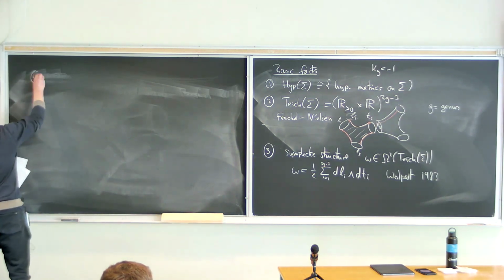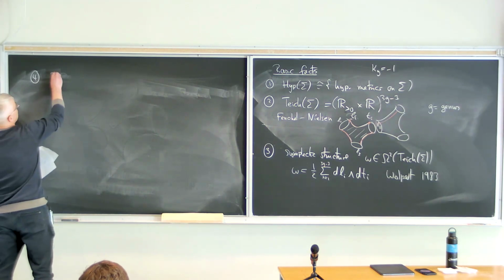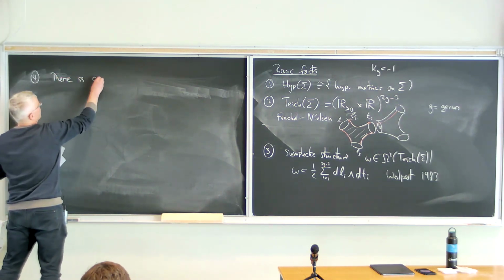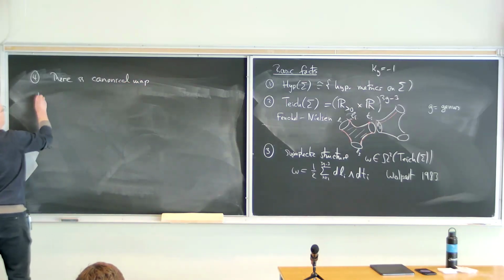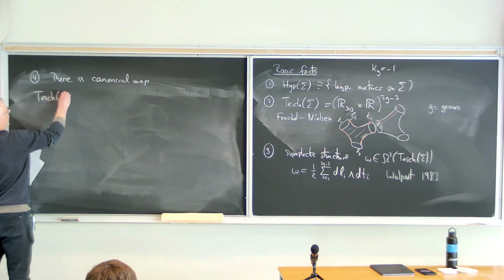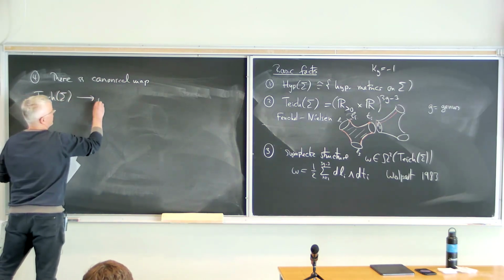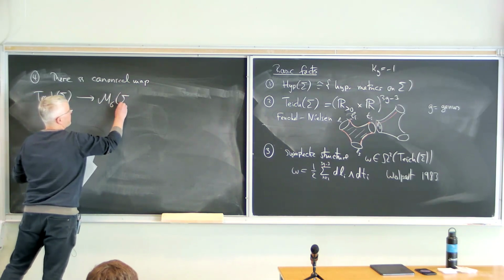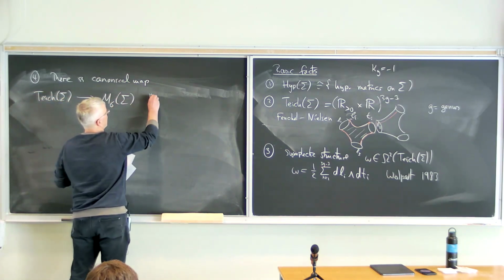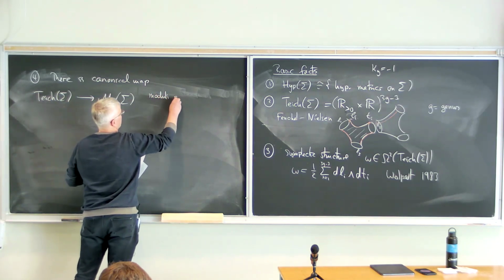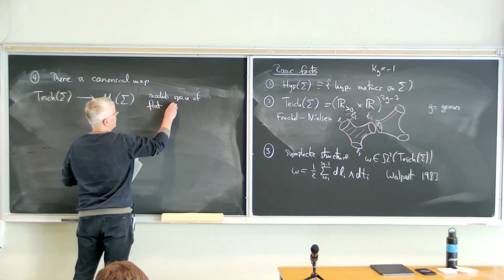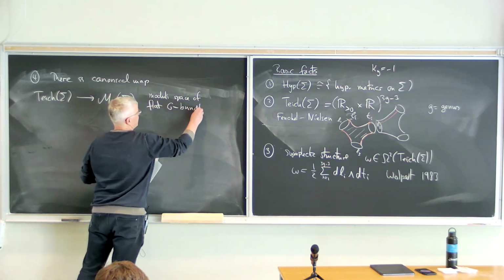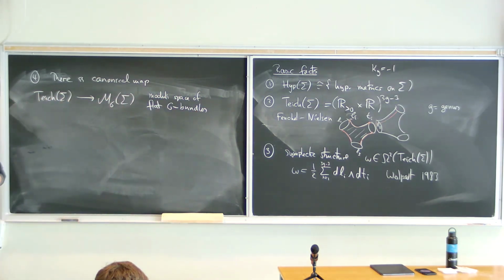Okay, there's a canonical map. Teichmueller space to, okay, this is my notation, moduli space of flat G bundles. Flat G bundle, principal G bundles. I mean, where does this map come from?